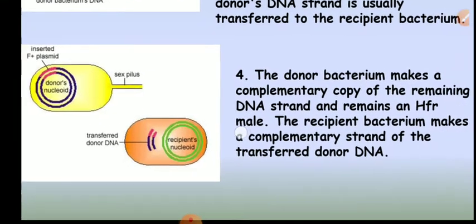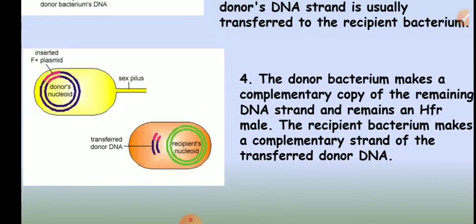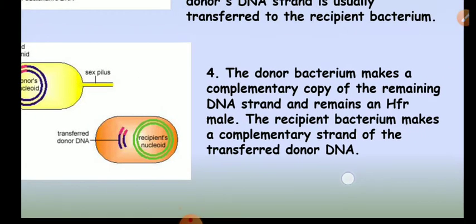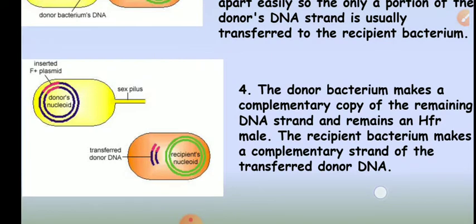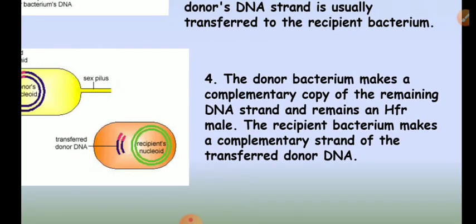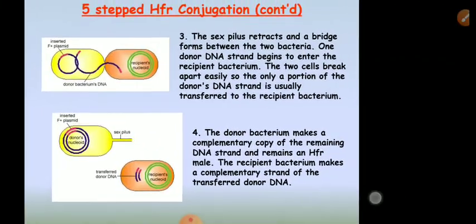And hence in the fourth figure you can see that the recipient bacterium has received a part of the F factor and a part of donor DNA. The donor bacterium makes a complementary copy of the remaining DNA and it remains an HFR cell only. The recipient makes a complementary strand of the transferred donor DNA. The transferred donor DNA was single stranded, so the recipient cell makes a copy and makes it double stranded.